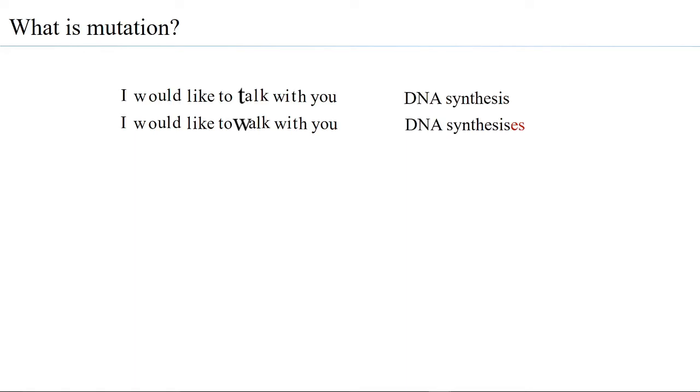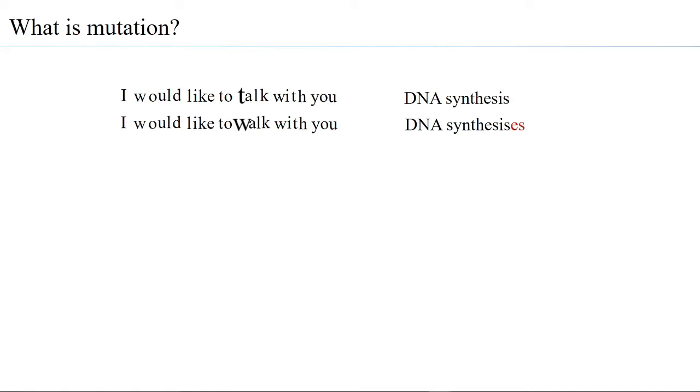Let's say, for example, you have another example where the sentence begins with DNA synthesis. If to that synthesis two more alphabets are added, which means ES is added towards the end, then it becomes DNA synthesizes. So the meaning of the two changes.